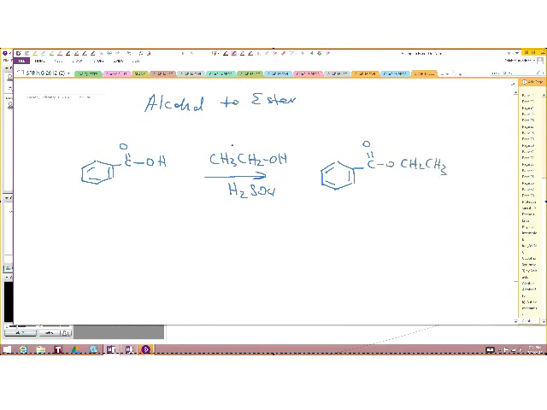Any alcohol, for the most part a small, low molecular weight alcohol, reacts with any carboxylic acid in the presence of acid as a catalyst, and you get an ester. This process we call acid catalyzed esterification.